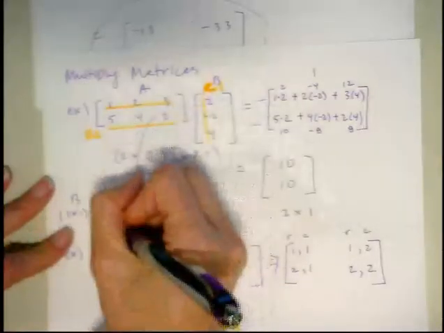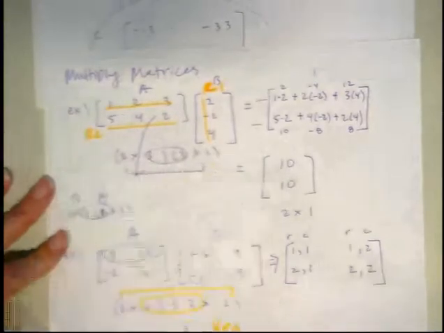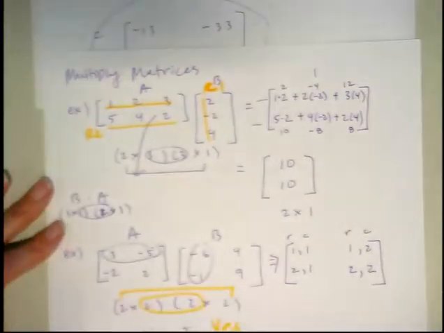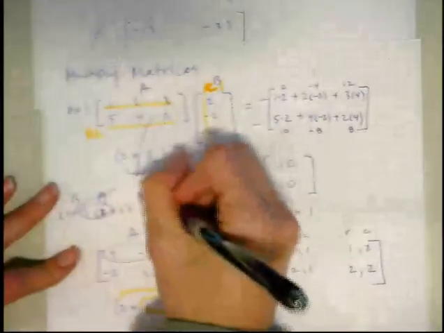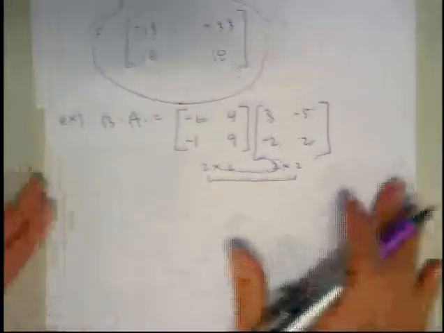A is a 2 by 3. The inner dimensions do not match, so you can't get a resulting matrix out of here. So I would say that this one is not possible. Okay, but the one that we just reversed. So matrix multiplication is not commutative, but I am able to reverse these two.